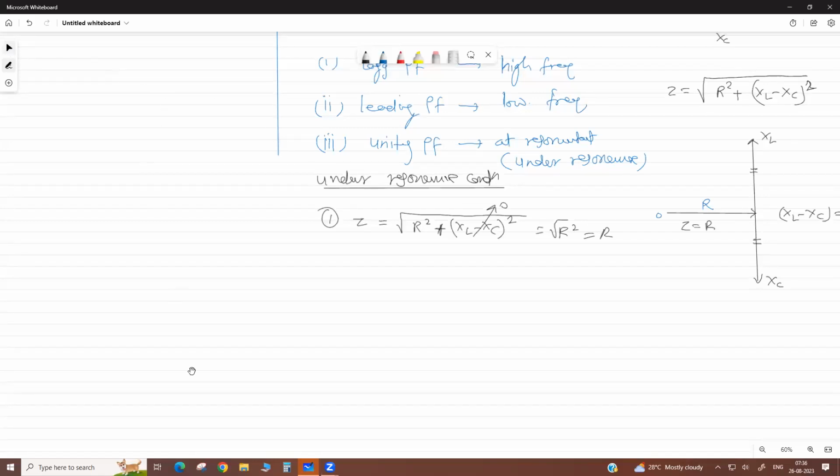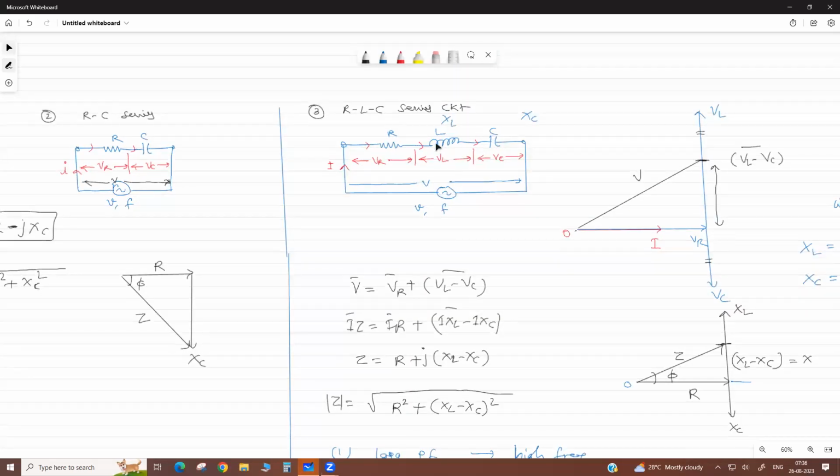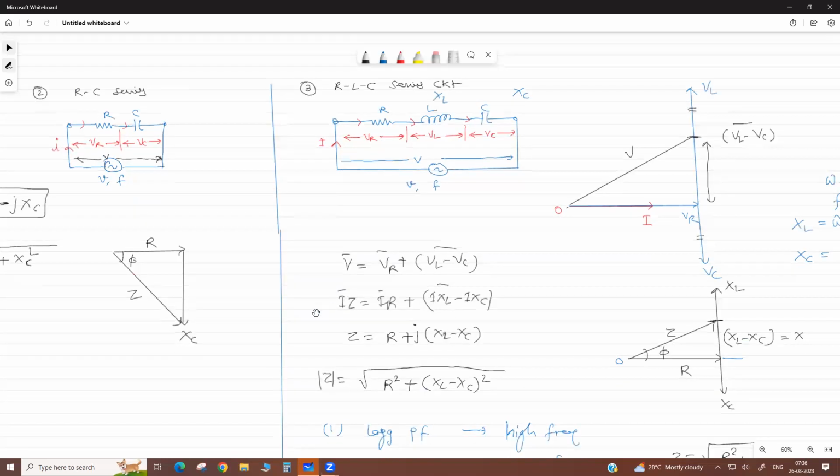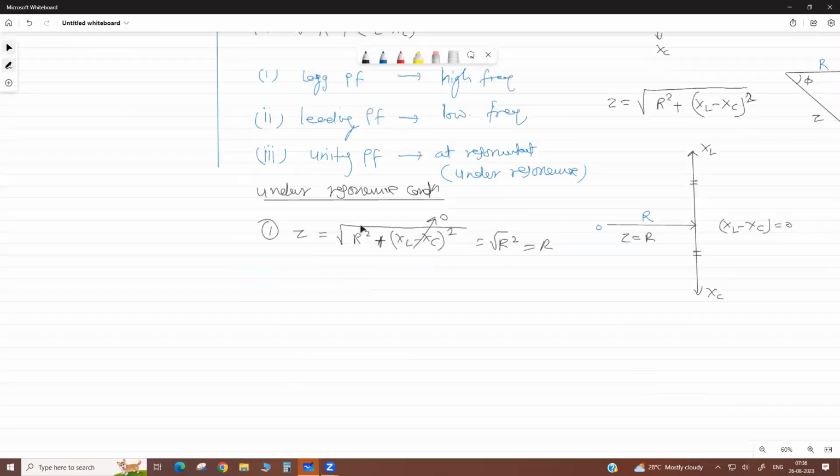Total impedance of the circuit is only R. It means they are there physically, but virtually they become 0 because they cancel each other's effect, XL and XC. They are equal and opposite, so they cancel their effect. Only, your circuit behaves like a pure resistive circuit.